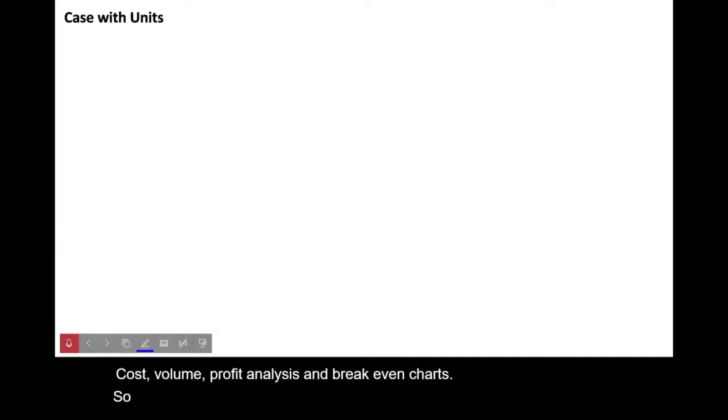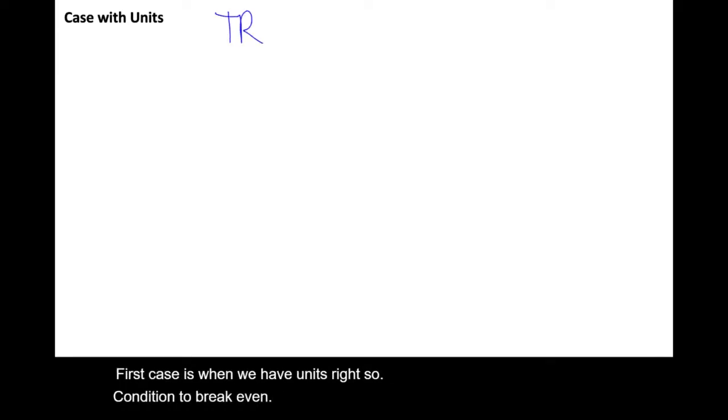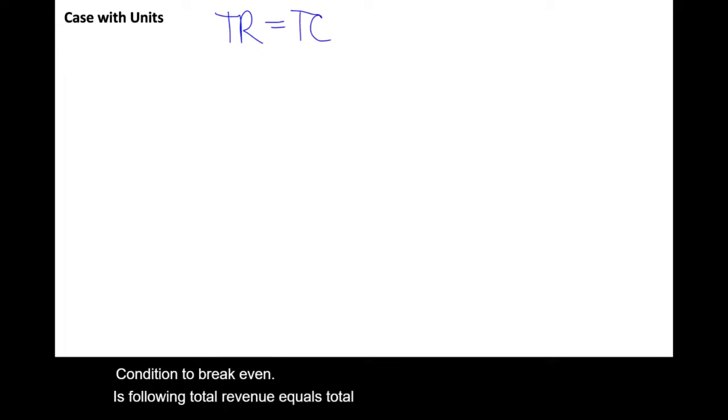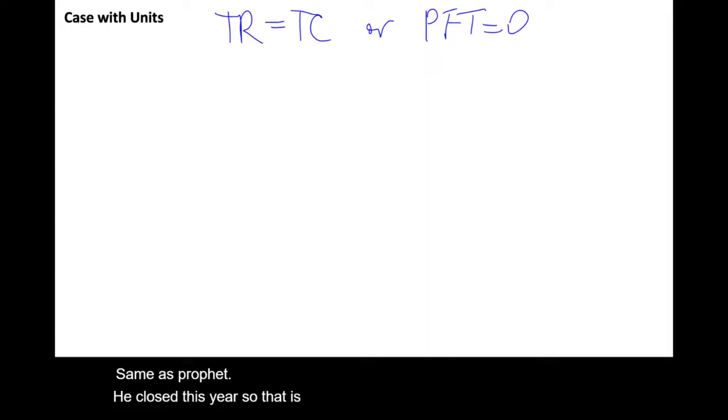So hopefully you remember we have two cases here. First case is when we have units, right? So condition to break even is following: total revenue equals total cost, same as profit equals to 0. So that is condition to break even.